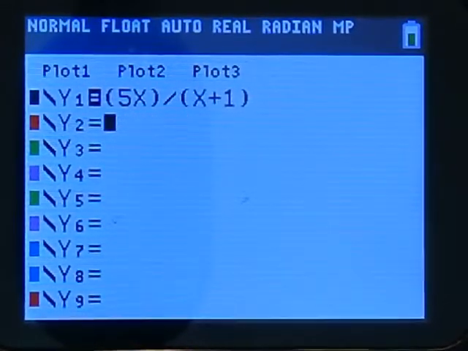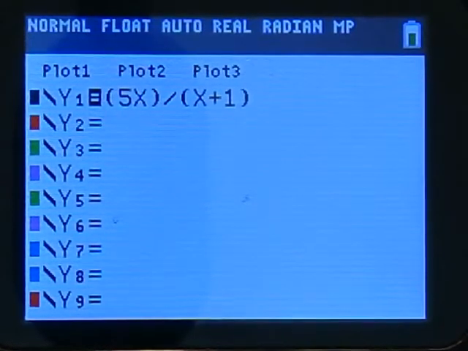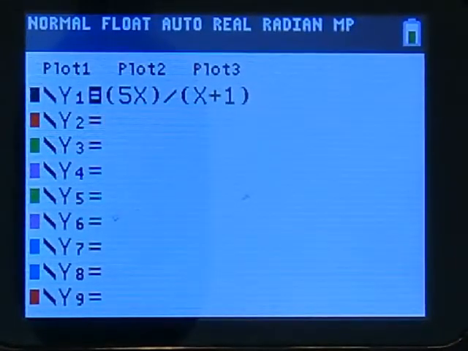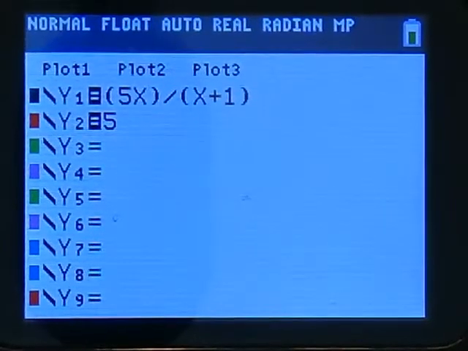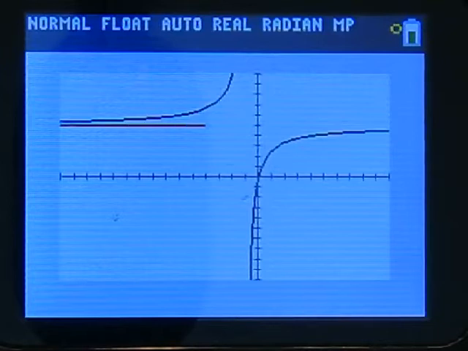All right, let's clear this out. Now, if you recall, we already had a vertical asymptote, but we're going to have to draw that in. But our horizontal asymptote, if you recall, was at 5. So we're going to put a flat horizontal line at 5. And let's see if it's really in the right spot. Here we go. There's the function. There's the asymptote.